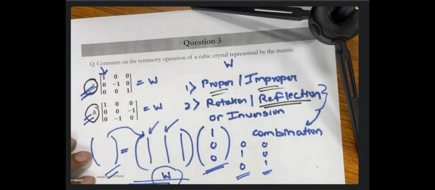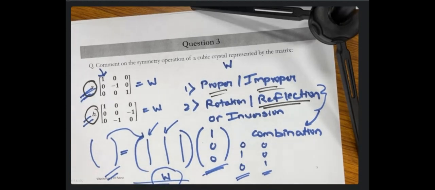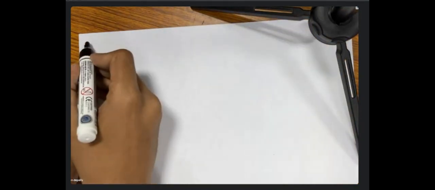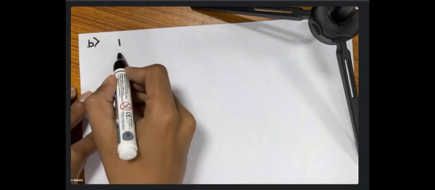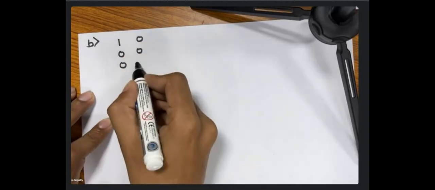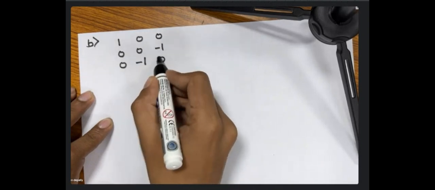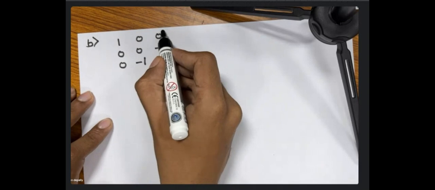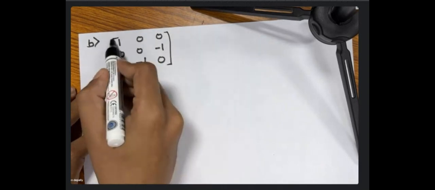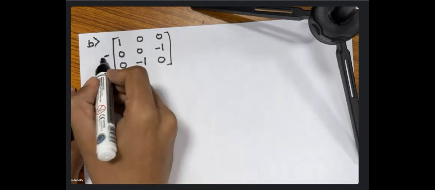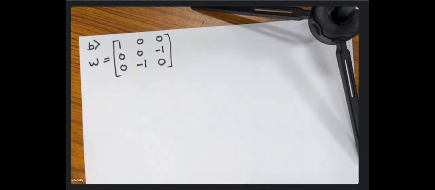Let me write it on the blank sheet. This is the symmetry transformation matrix.